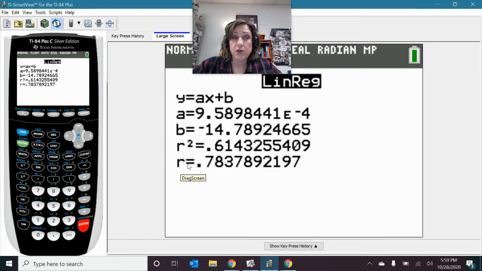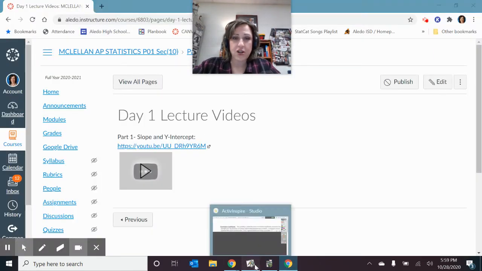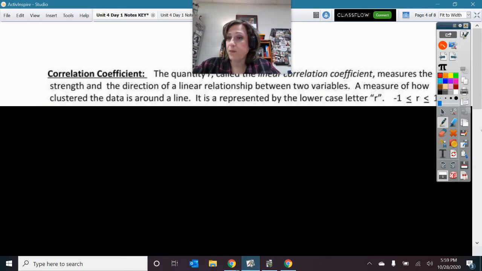R is called the correlation coefficient, and R squared is the coefficient of determination. I even have to scramble my brain to keep those straight. Therefore, I have a song to help you remember that R is represented by the correlation coefficient.